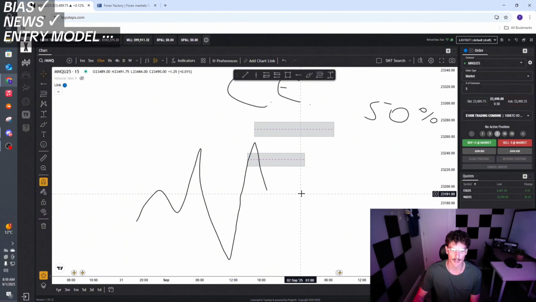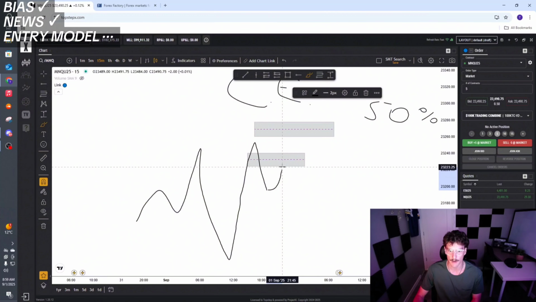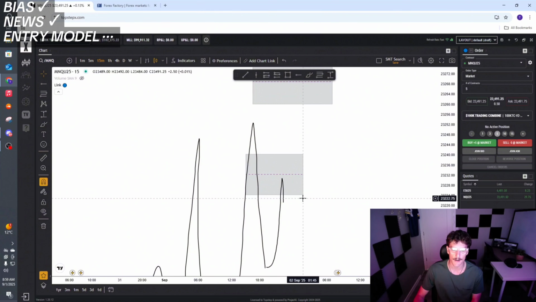So say we have a fair value gap here. What I'm looking for every single time that I enter a trade is for price to trade up into whatever imbalance we have and then have a close in the opposite direction. And price has to trade near, and if not near, at CE, right?